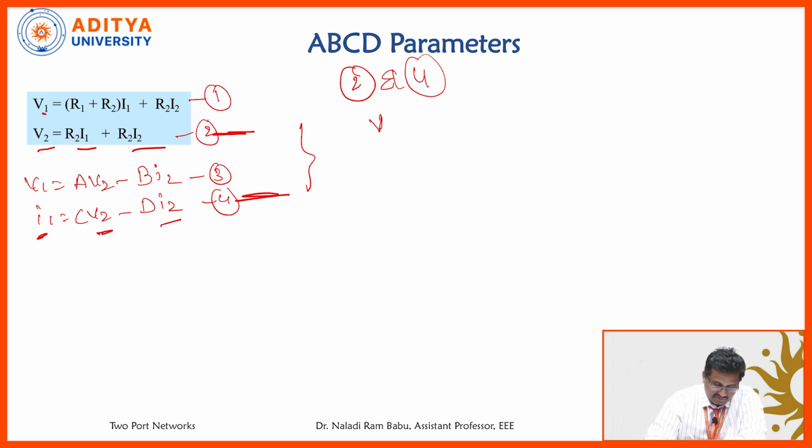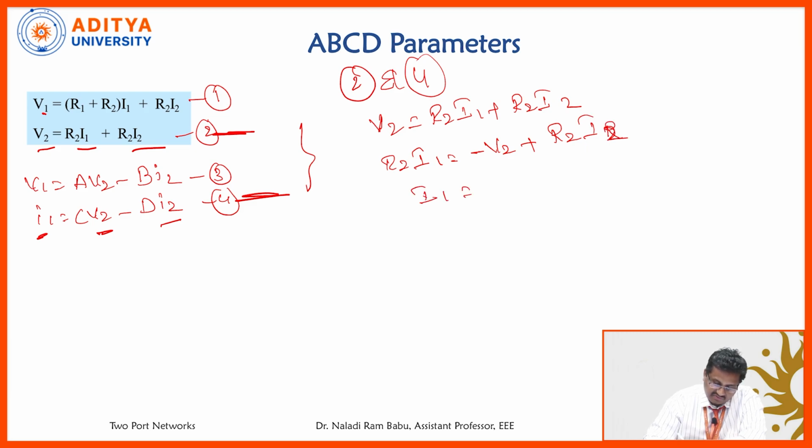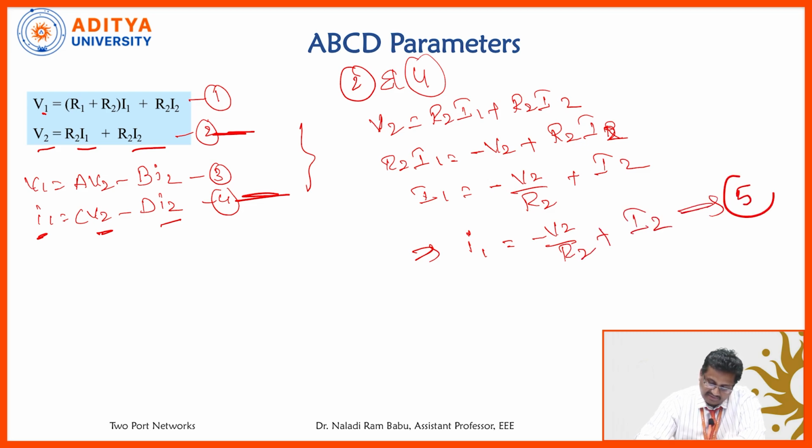V2 is equal to R2 I1 plus R2 I2, so R2 I1 is equal to minus V2 plus R2 I2, and I1 is equal to minus V2 by R2 plus I2. I am keeping this as equation 5.